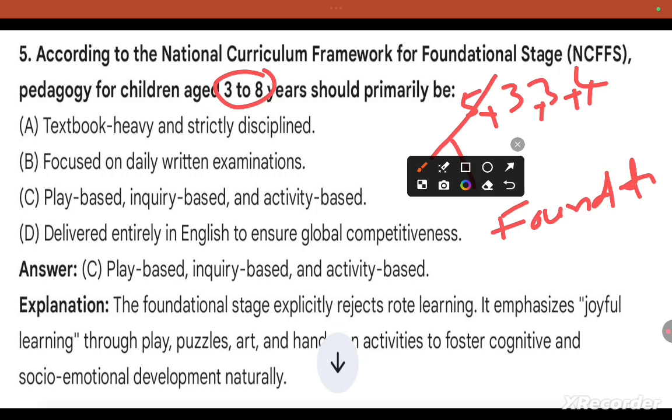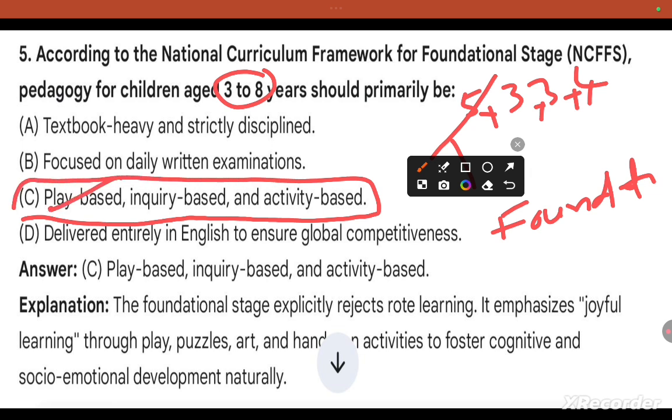It is focused on play-based, inquiry-based, activity-based learning. So play-based, inquiry-based, activity-based, and Balavatika, first and second classes are part of this foundational stage. I'm not explaining the other options because it takes time. So play-based, inquiry-based and activity-based, these are part of the foundation stage.